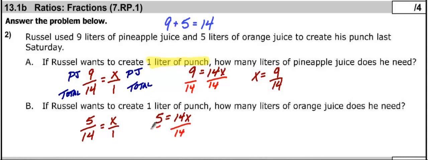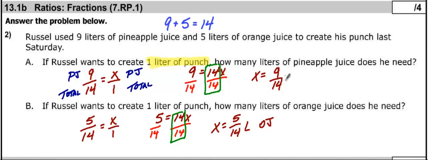We take the coefficient, we divide by it. So there's our big 1. I didn't do it here, but there was our big 1. And we get x is equal to 5/14 liters of OJ. Up here we had 9/14 liters of pineapple juice.